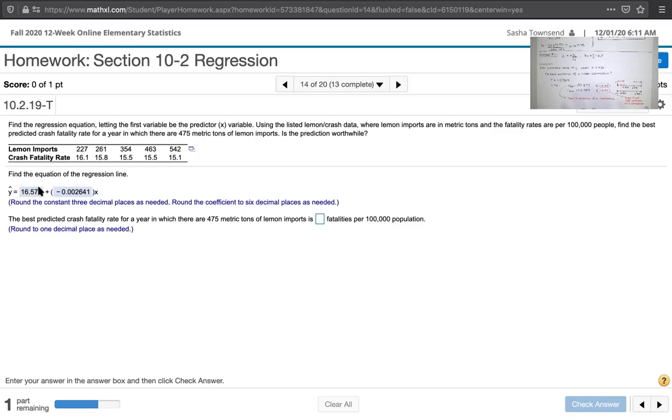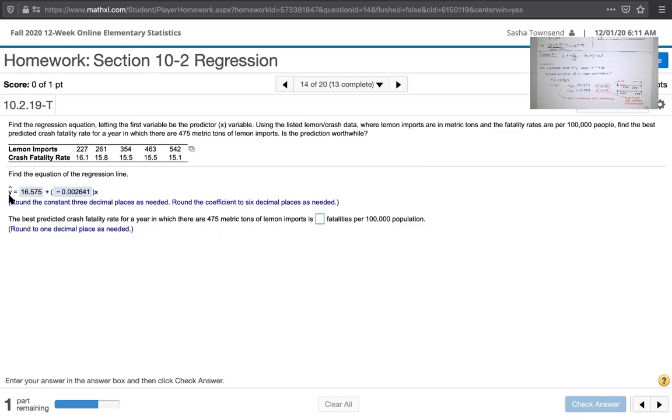And that means if we've got evidence of a correlation, the best predicted value of Y, or the best predicted value of that crash fatality rate for a year in which there are 475 metric tons of lemon imports, is given by 16.575 plus this constant times 475.